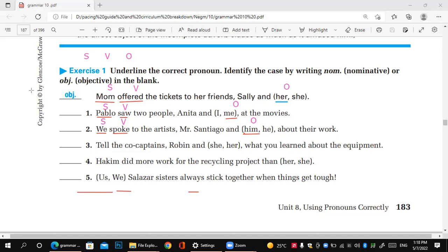Who is the person who tells? You, which is omitted. I can't use the same subject twice. So it's: tell the co-captains, Robin and her, because tell is the verb.